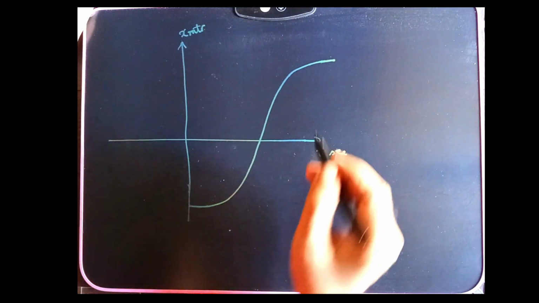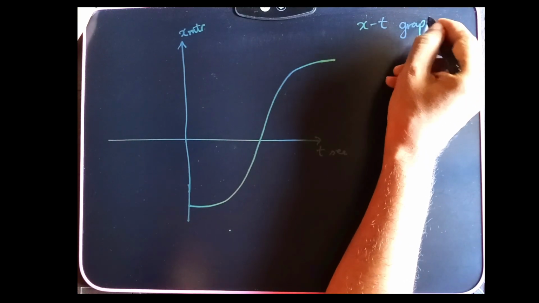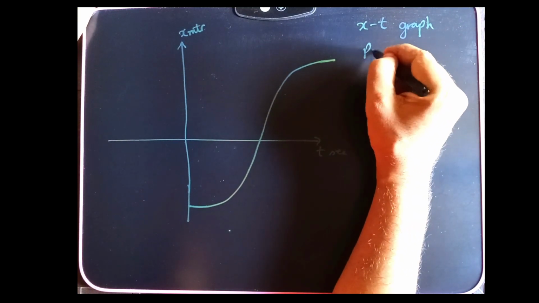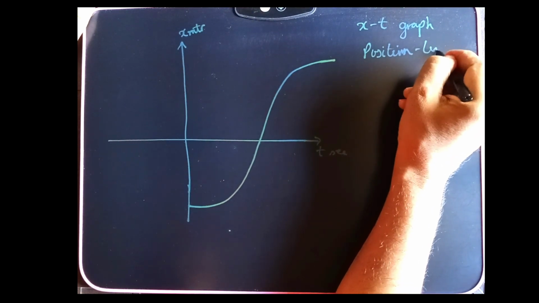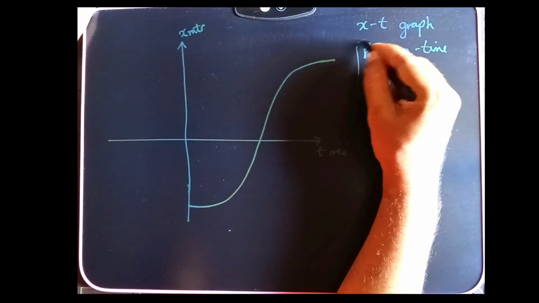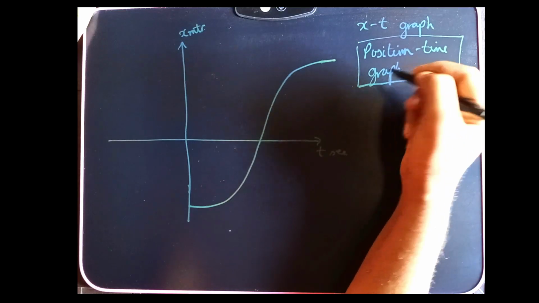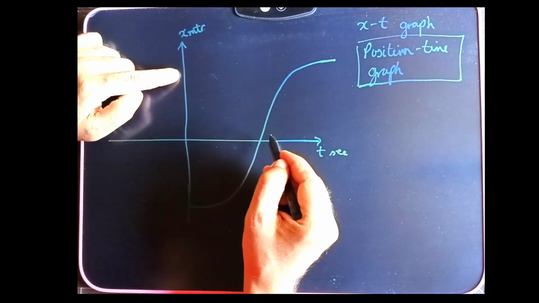Okay, this is called the xt graph. It's also called a position time graph, because it represents the position of the object at any given time.